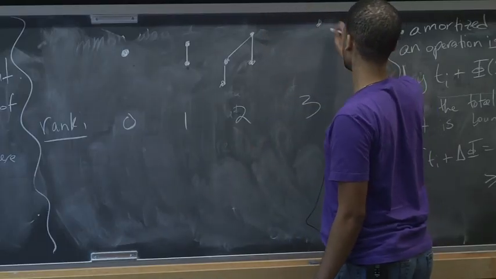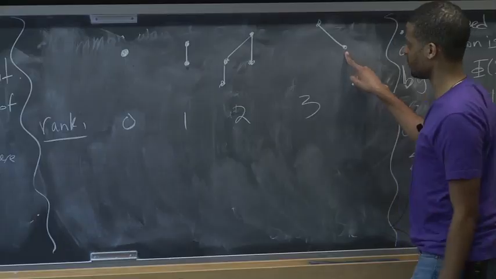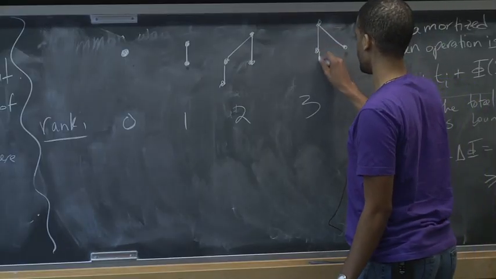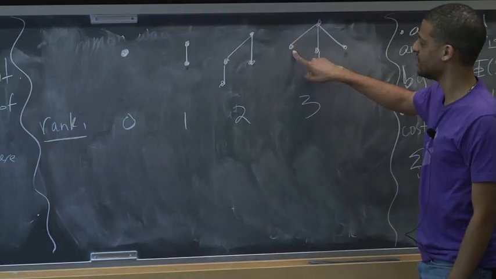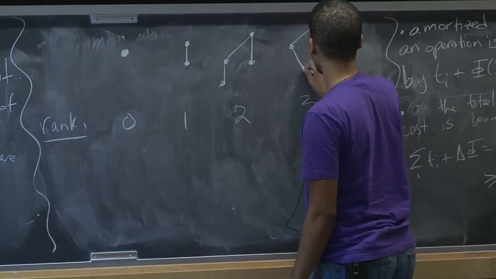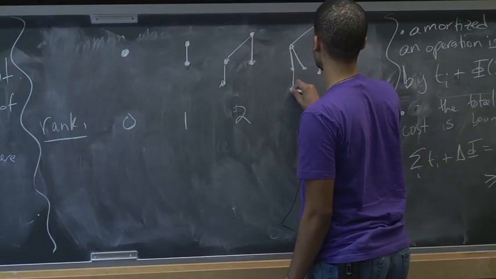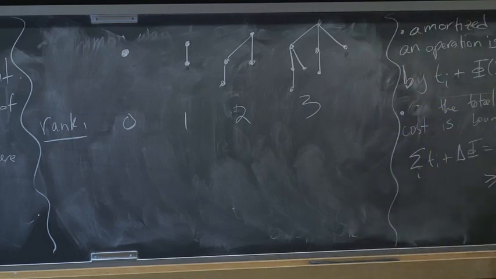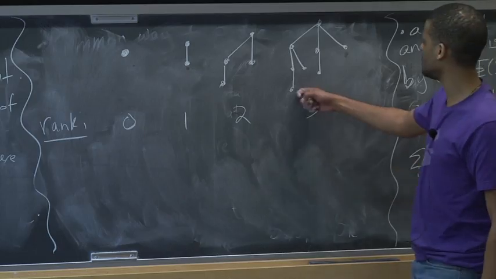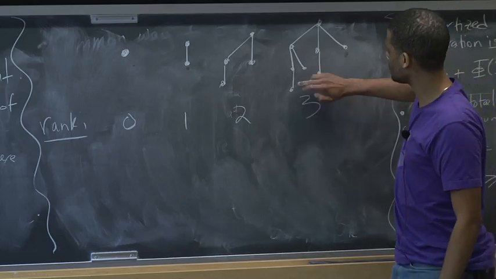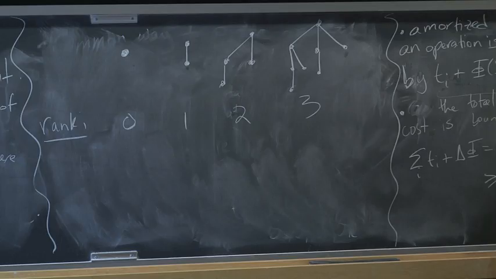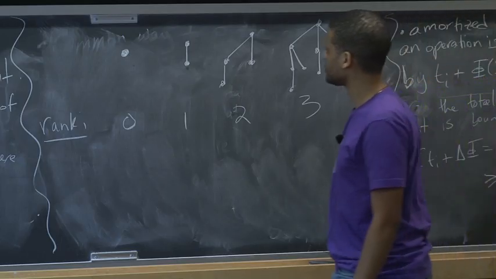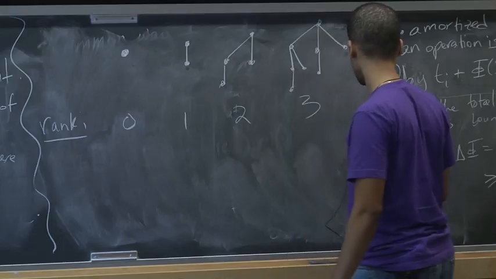And a rank 3 looks like this. That's a rank 0 child, that's a rank 1 child, and this is a rank 2 child, which means it has a rank 0 child and a rank 1 child. Remember, as you go from any node to its parent, the numbers should decrease. So that's what it looks like.